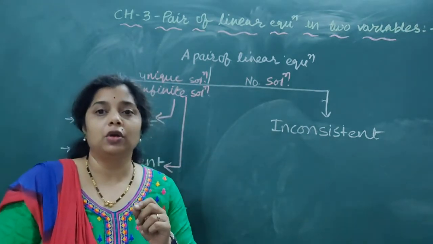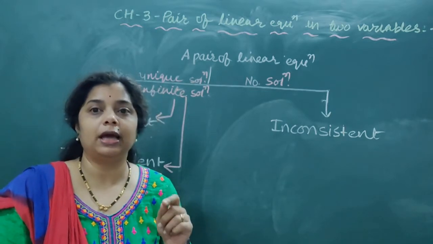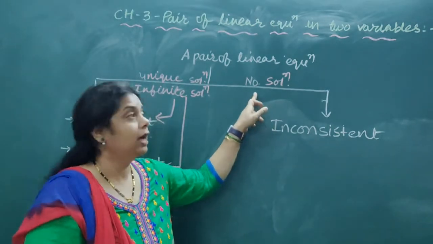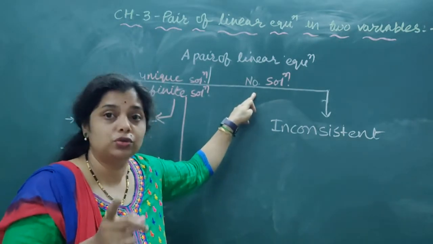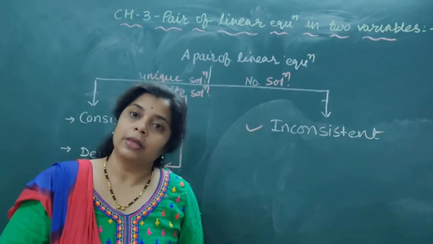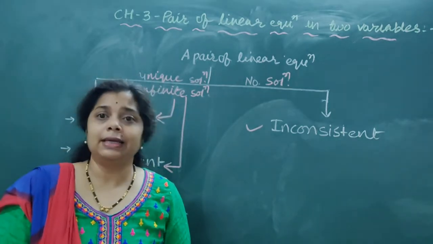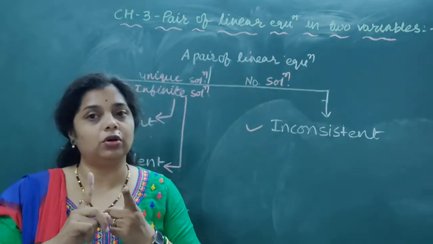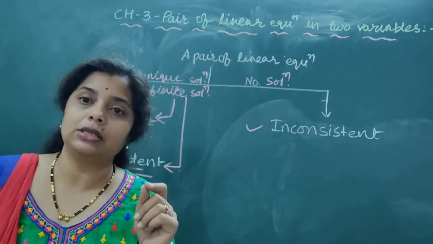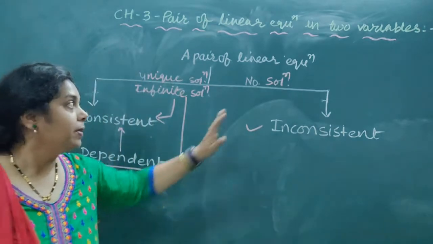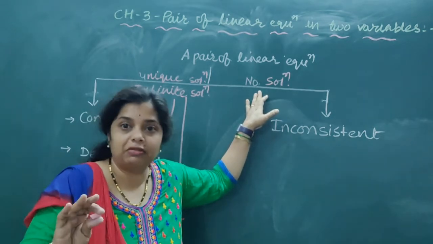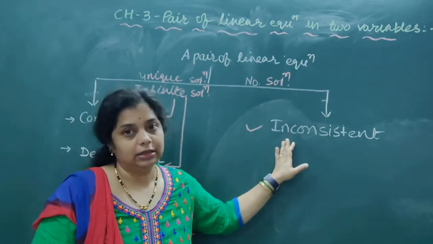When we draw a graph of a pair of linear equations and that pair shows parallel lines, it means there is no solution, and that pair which shows no solution is called an inconsistent pair of linear equations. Now I hope you get the idea that a pair with a unique solution or infinite solutions is called consistent, and a pair of linear equations which does not have any solution is called inconsistent.